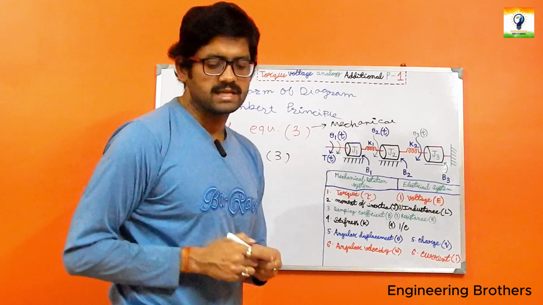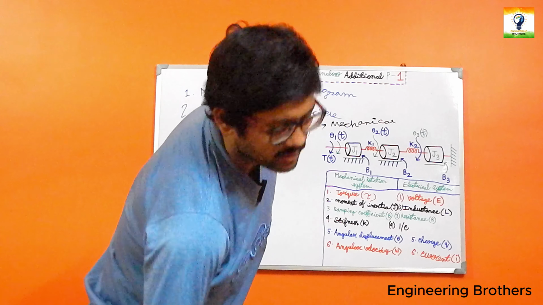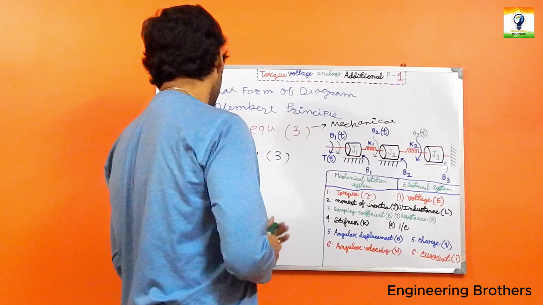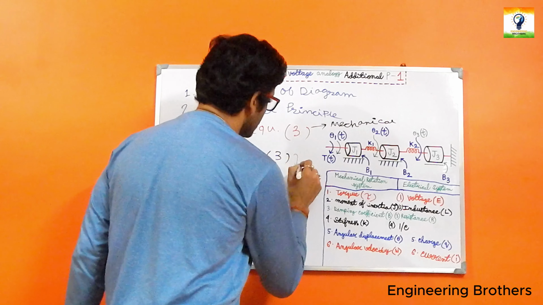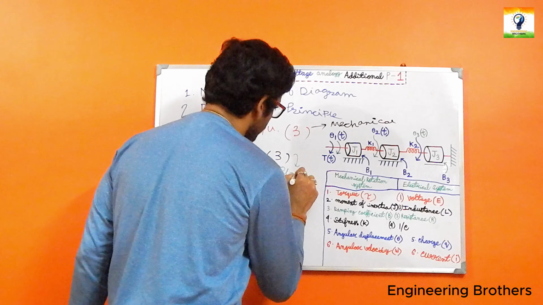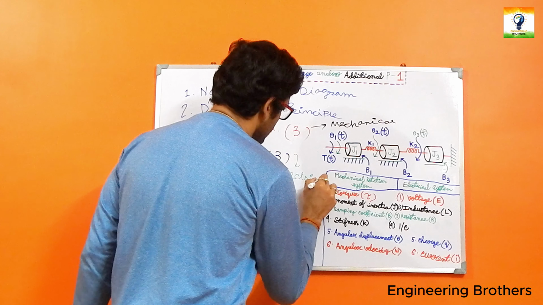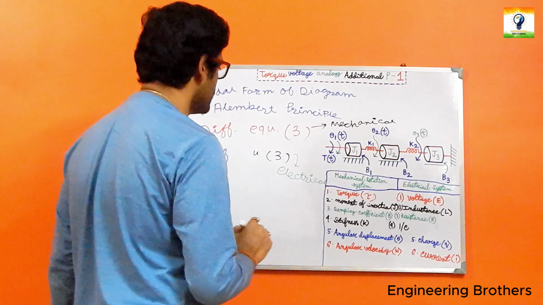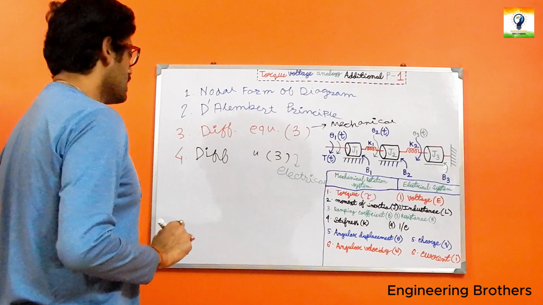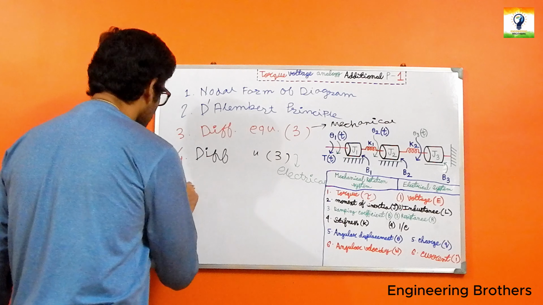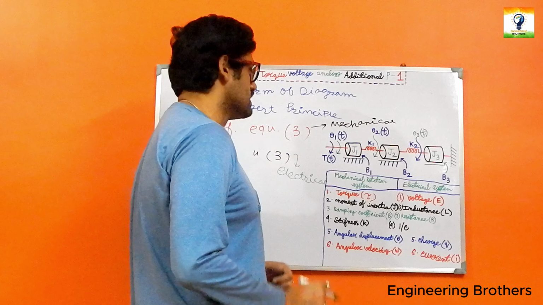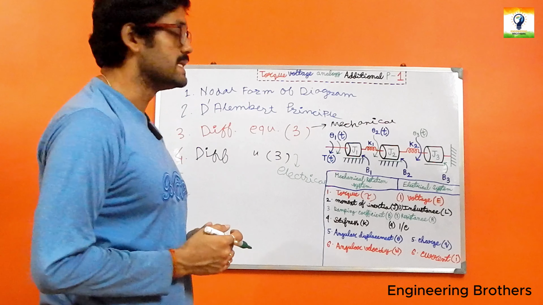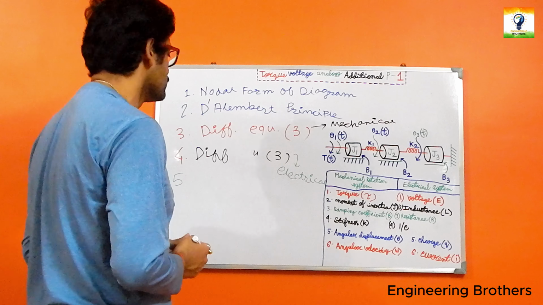But what is the exact difference between 3 and 4? This differential equation is electrical in nature. Now at the last stage, we are going to form the circuit diagram just by looking at these electrical differential equations.